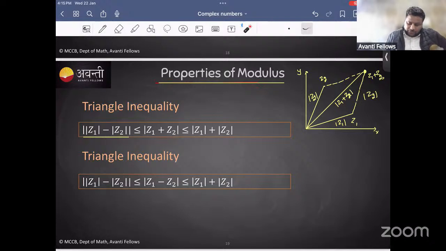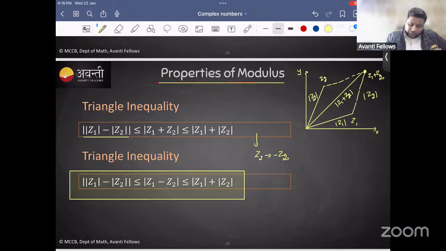And also, the difference of two sides is always less than the third one. So I'm using that property. Got it? Similarly, in this inequality, if I replace Z2 by minus Z2, I get this inequality.